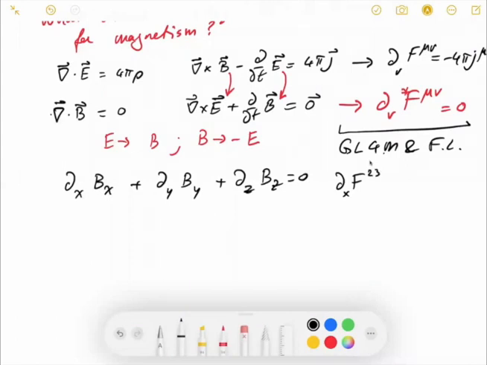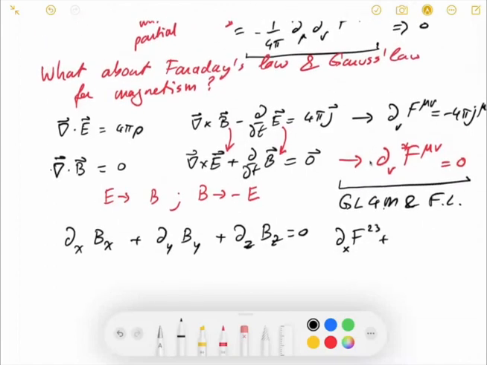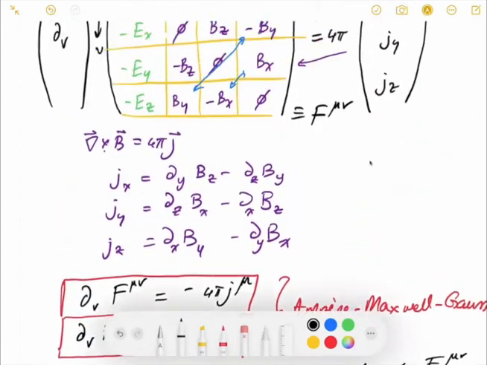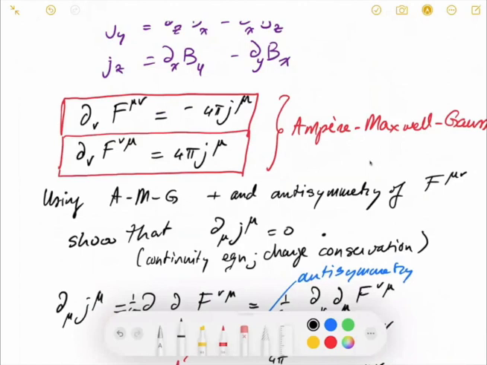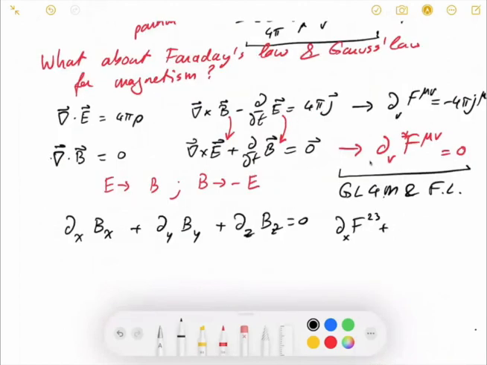I think we're going to do it like this. And then del y By is sitting on column 1, row 3. So that's del y, column 1, row 3. I think I swapped my 3 and 2.